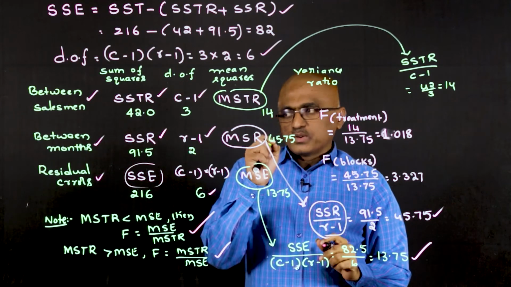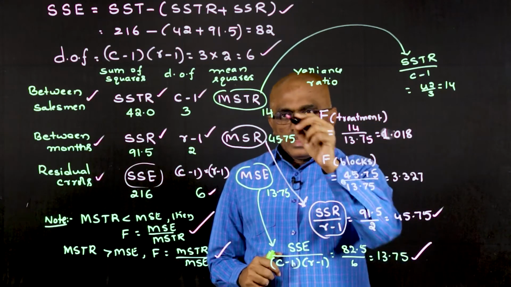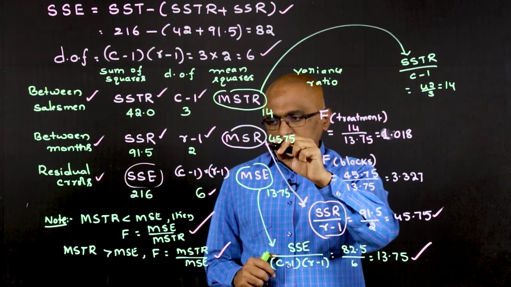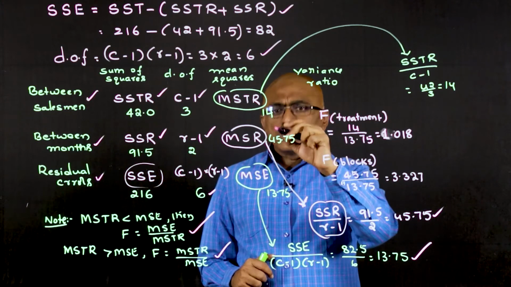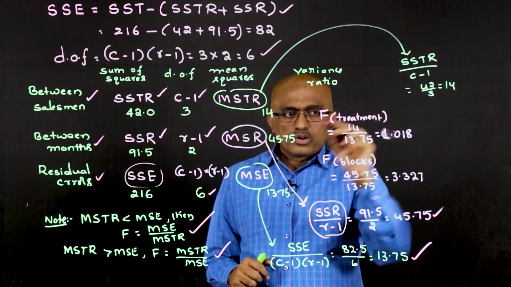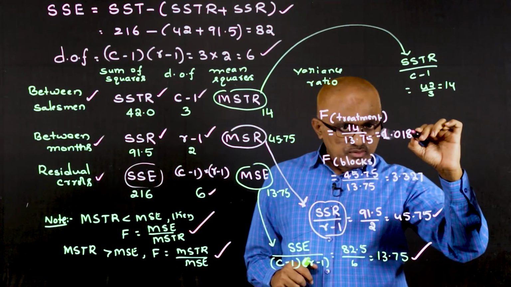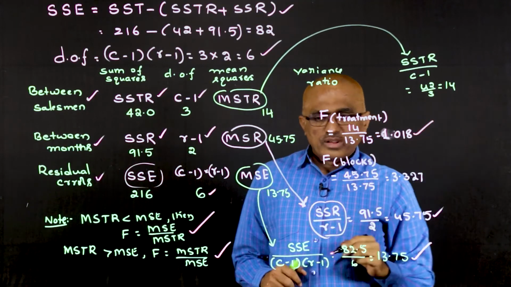With respect to the salesmen, that is with respect to treatment, MSTR is greater than MSE. Therefore, we use MSTR by MSE, that is 14 by 13.75, and then we get the F value.